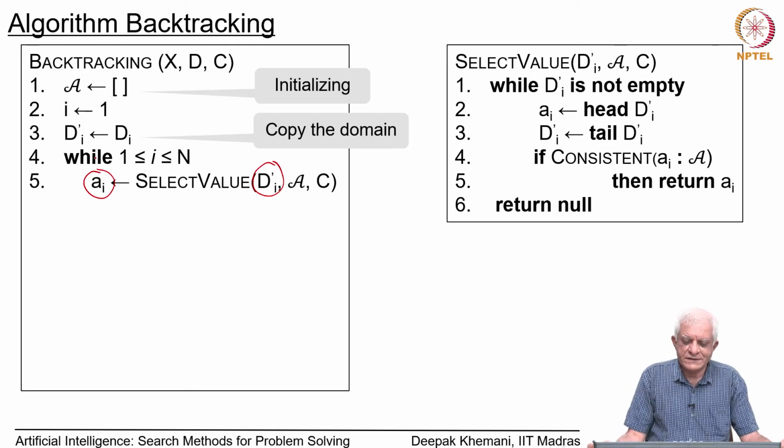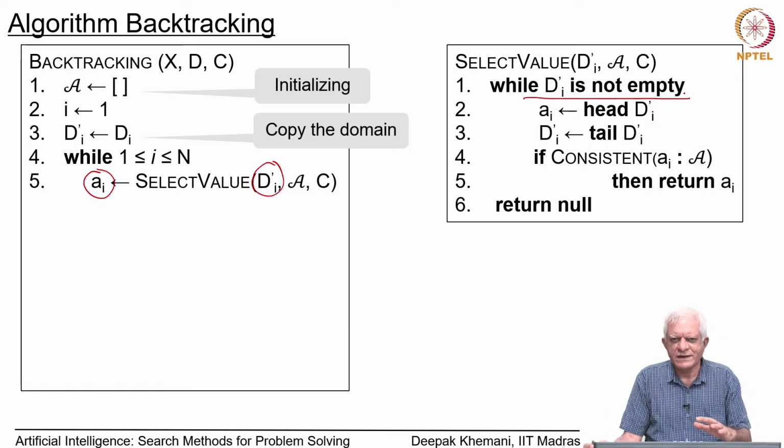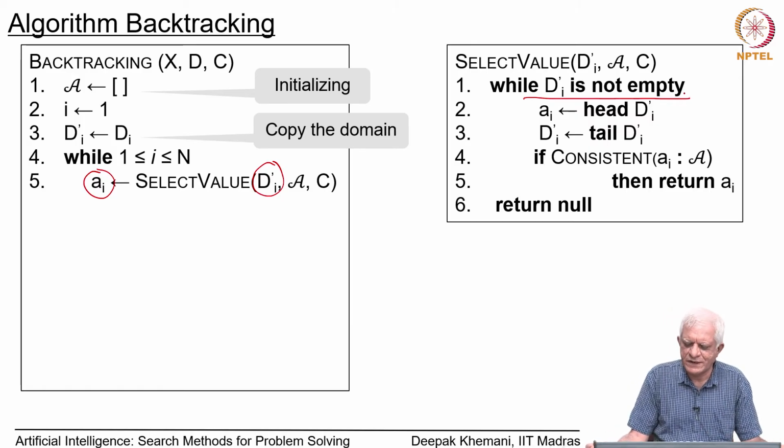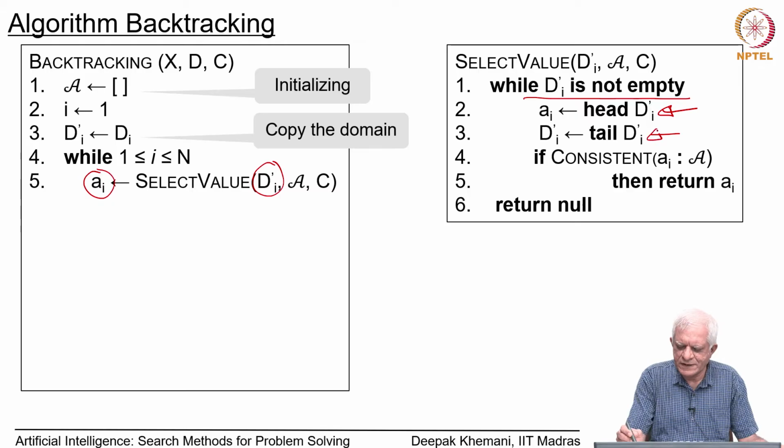So, what does this function select value do? This function keeps looking at values in the domain d i, and remember that we are working with its copy, which is called d i prime. It takes out the first value, and if that value combined with the assignment that has been constructed so far is consistent, then we return the value a i.